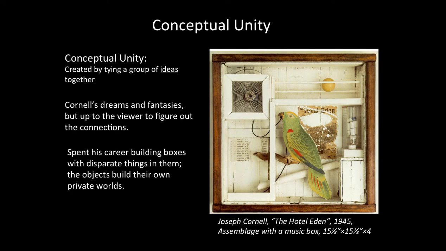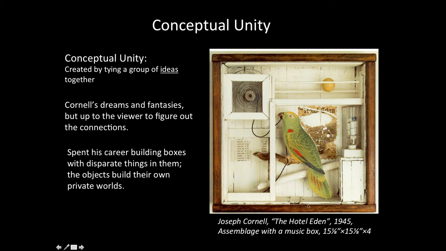Now, this one by Joseph Cornell is also conceptual unity only because of the disparate things that he has in here. But interestingly, it is physically contained within this box. He did these throughout his life. He would find all sorts of things in the trash, on the street, wherever he was, and he'd put them together in these boxes.